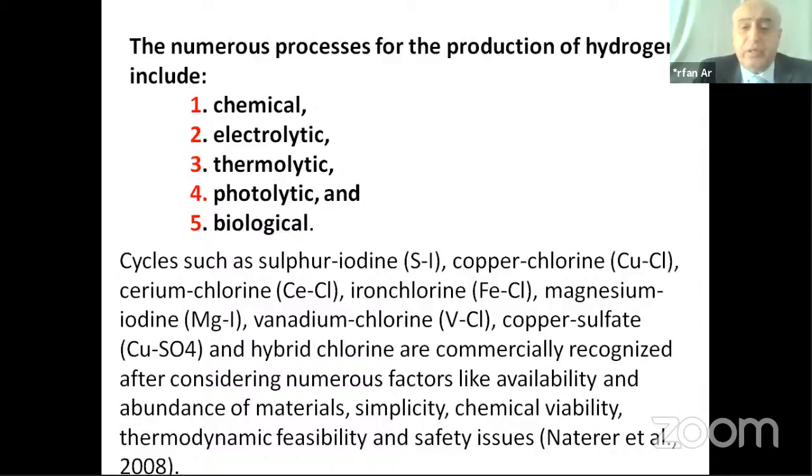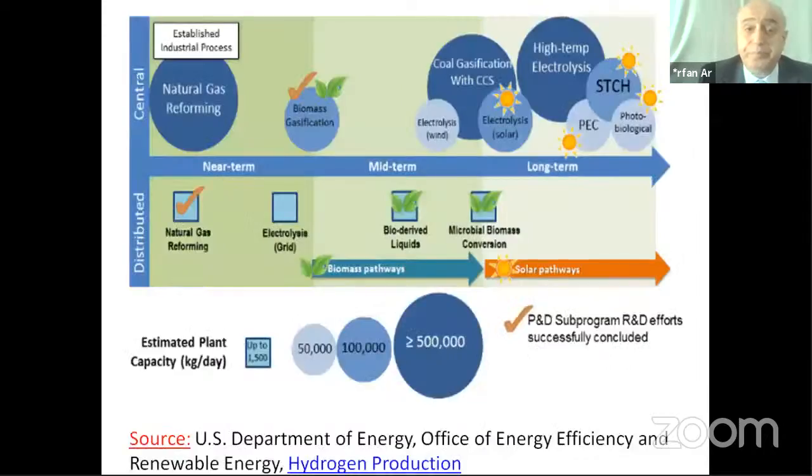Cycles such as sulfur-iodine, copper-chlorine, sodium-chlorine, iron-chlorine, magnesium-iodine, vanadium chloride, copper sulfide, and the hybrid chlorine are commercially recognized after considering numerous factors like availability and abundance of the materials, their viability, thermodynamic feasibility, and the safety issues.